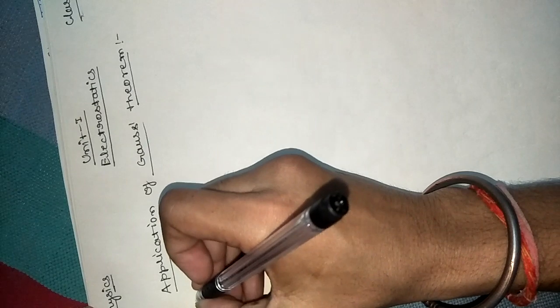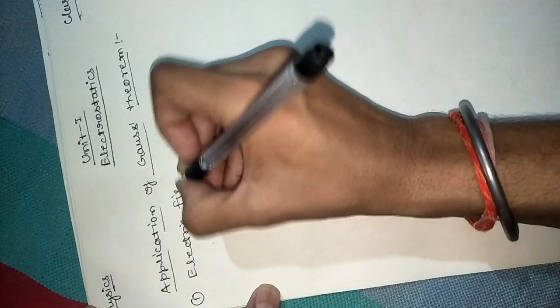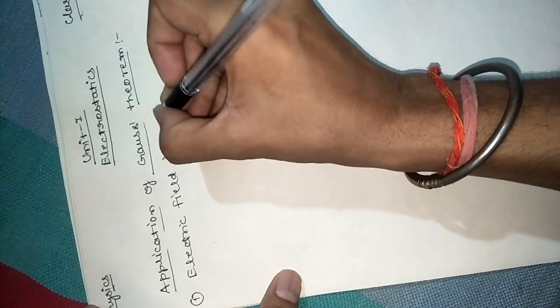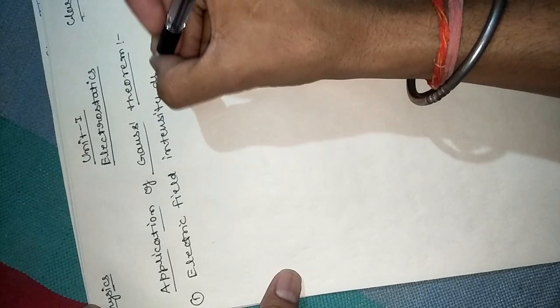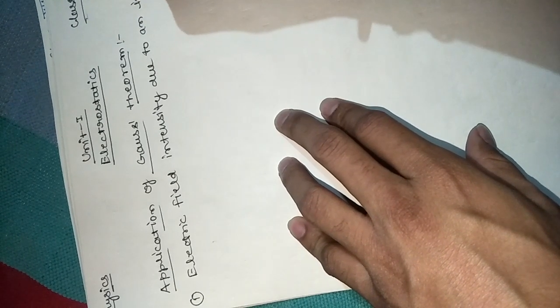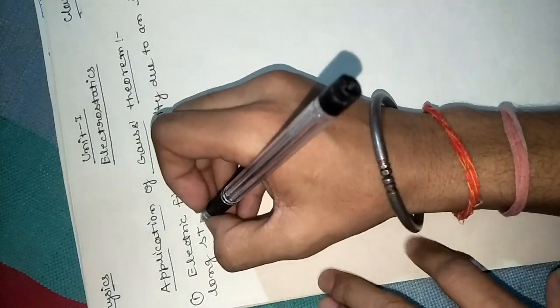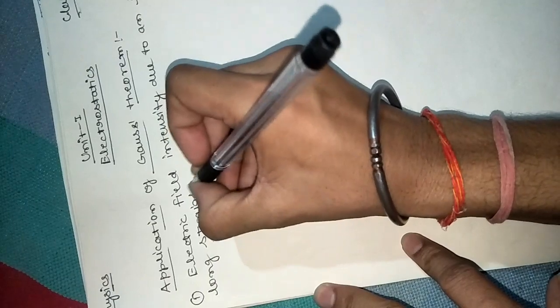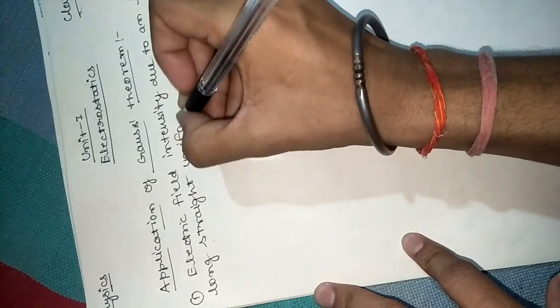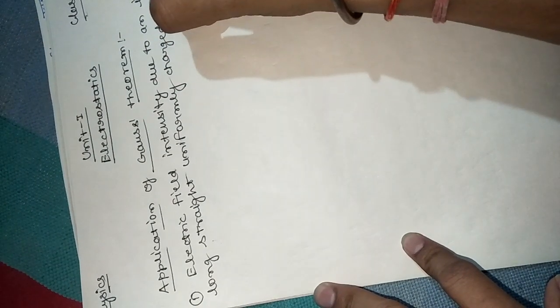The very first application of Gauss theorem is the electric field intensity due to an infinitely long straight uniformly charged wire or line.